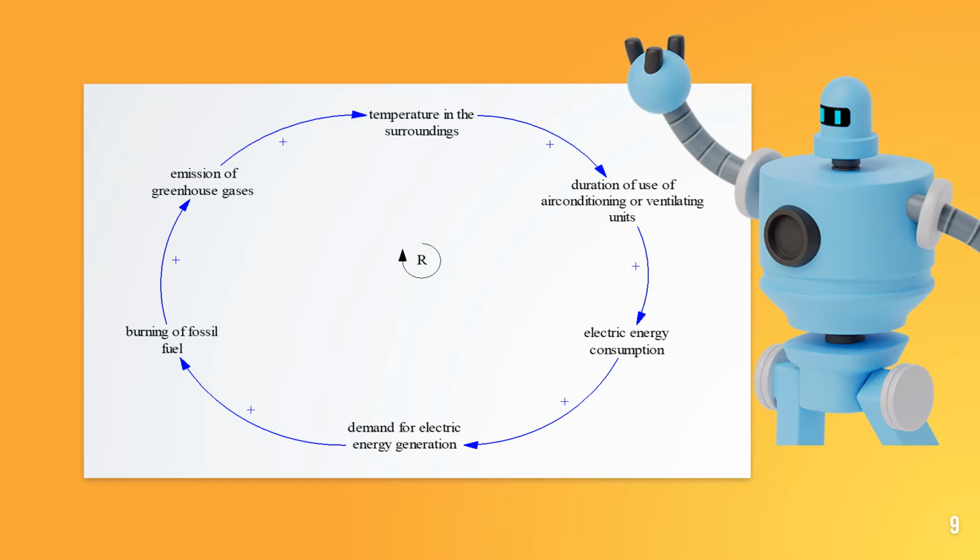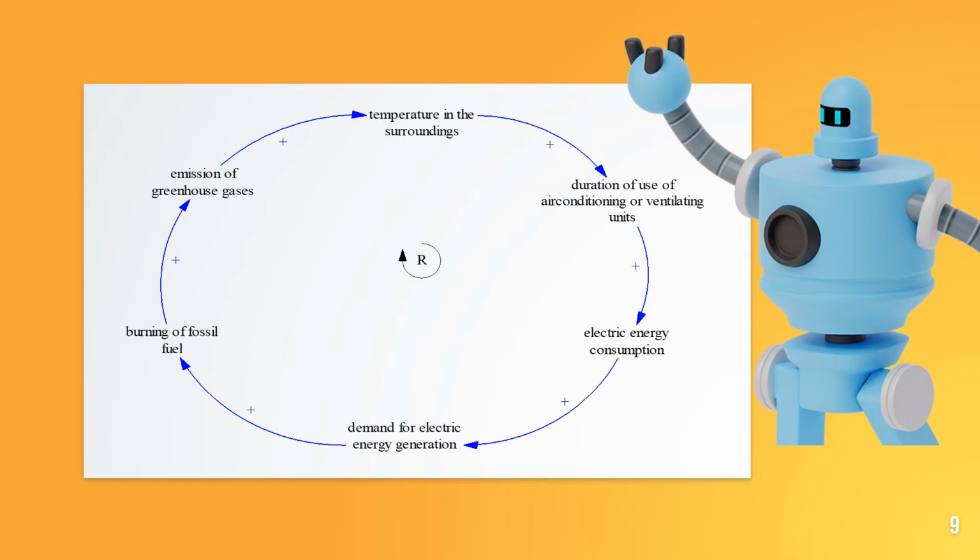This is a sample or possible answer or possible CLD model. It starts with the temperature in the surroundings. The higher the temperature in the surroundings, the longer the duration of use of air conditioning or ventilating units. Hence, it will lead to a higher electric energy consumption. Given that there's a high electric energy consumption, the demand for electric energy generation will also increase.